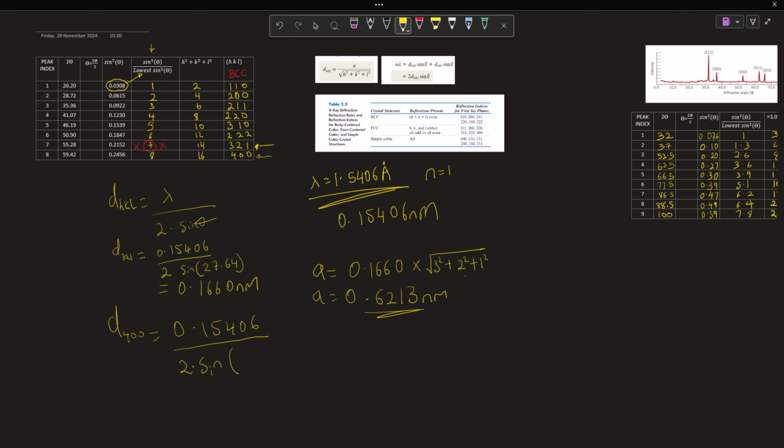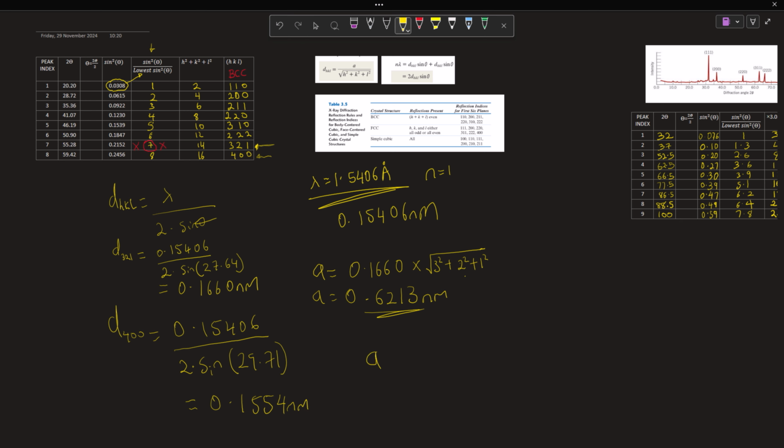Theta is 59.42, divided by 2, we have 29.71. Let's punch that into our calculator. Our answer is 0.1554 nanometer.